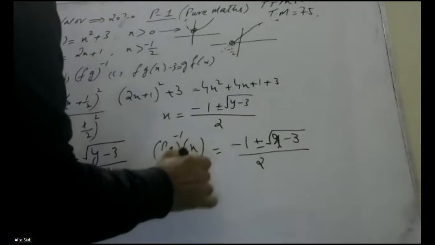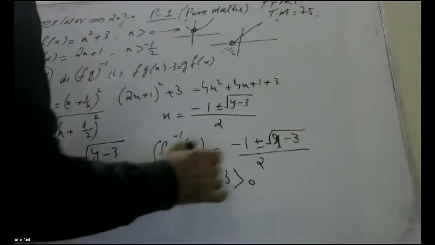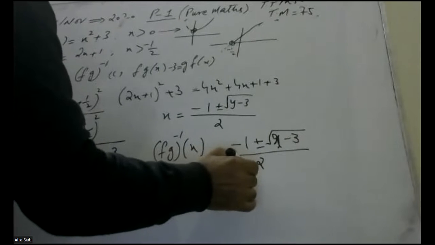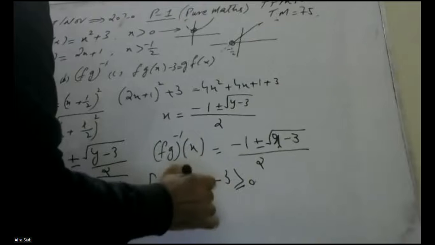And we know that it is in the radical sign. So x minus 3 for the domain of this function should be greater than or equal to 0, or x should be greater than or equal to 3.